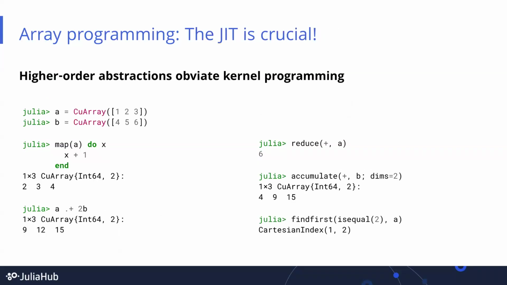But the real beauty of array abstraction comes in with higher order functionality, because up until this point, an array type that dispatches to cuRAND, this could as well have been implemented in Python or in any other language. One of the unique things we can do in Julia is enabled because we have a JIT compiler. For example, here I call the map function on a CuArray, but I'm also feeding it some custom user-defined code that indicates that every element has to be incremented by one.